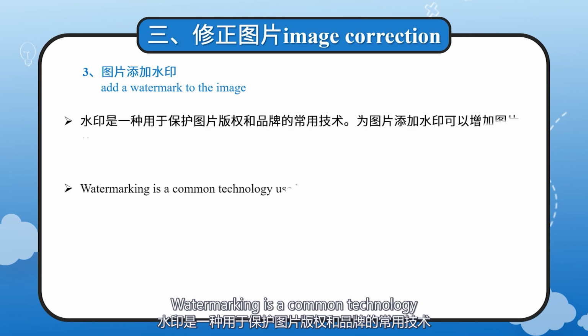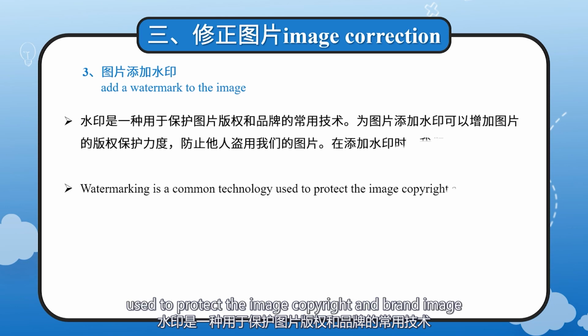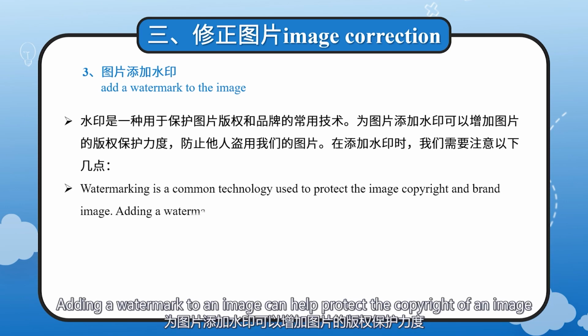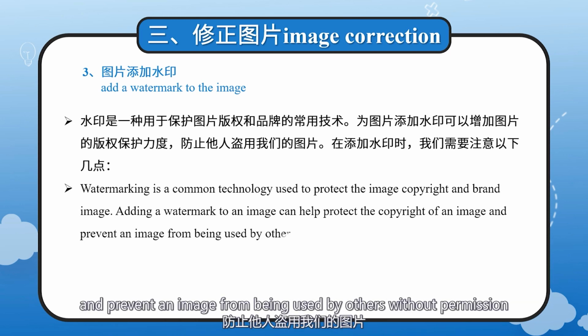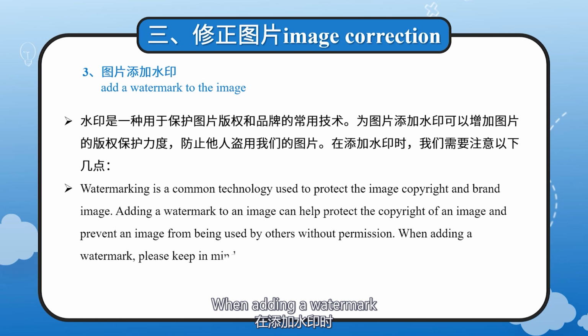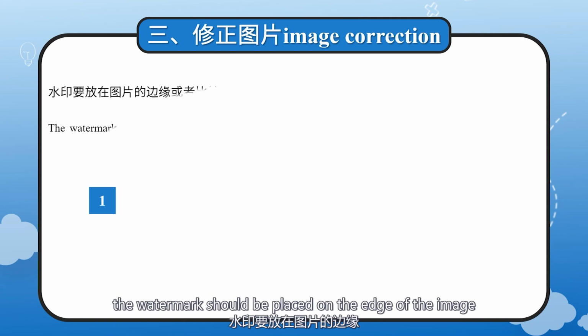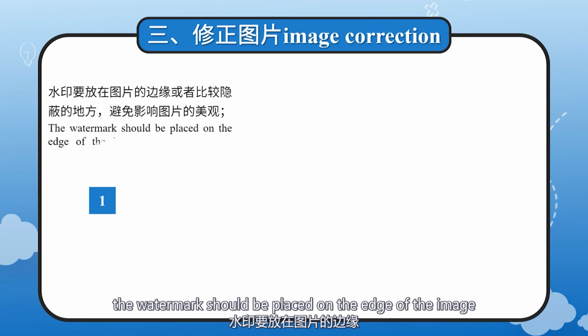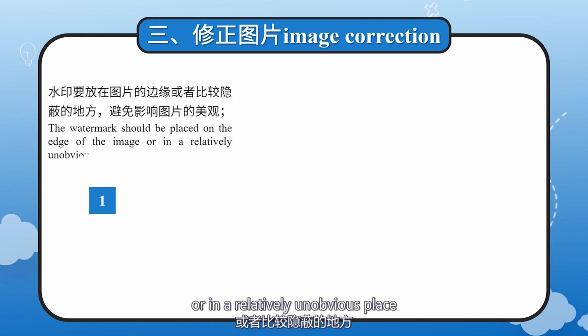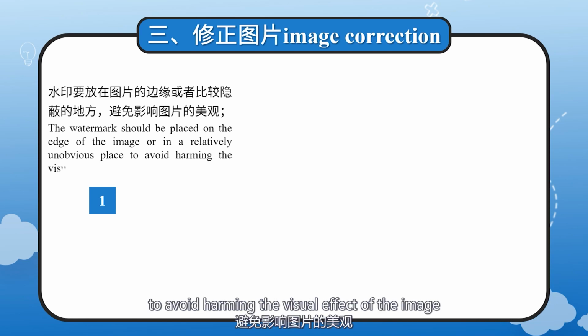Watermarking is a common technology used to protect the image copyright and brand image. Adding a watermark to an image can help protect the copyright of an image and prevent an image from being used by others without permission. When adding a watermark, please keep in mind that first of all, the watermark should be placed on the edge of the image or in a relatively unobvious place to avoid harming the visual effect of the image.